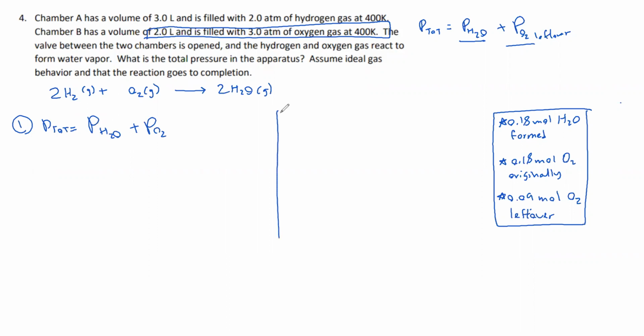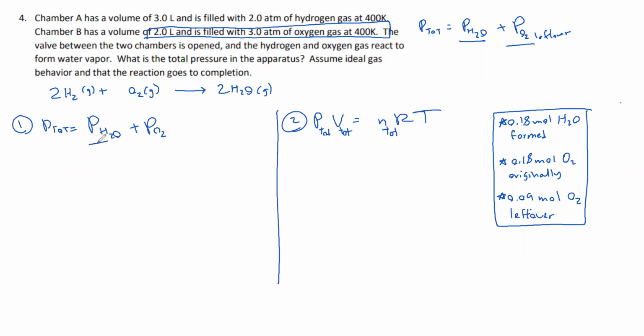But we're also going to do it a second way, where we just do PV equals nRT just once, where you plug in the total pressure, you have to use the total volume, and you have to use the total amount of moles of gas. So we're going to do this two different ways, and we're going to get the exact same answer.